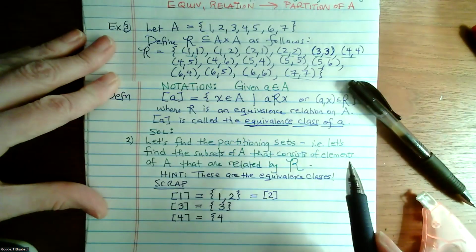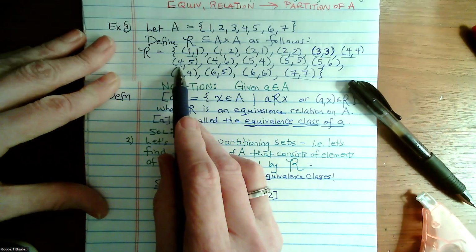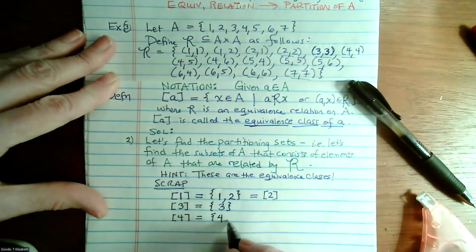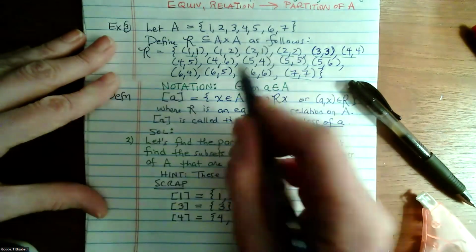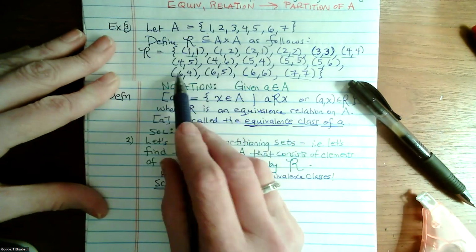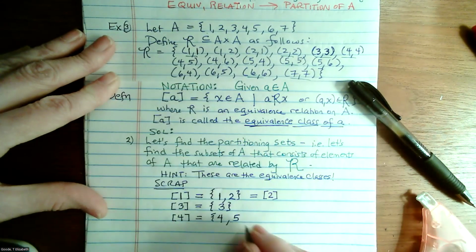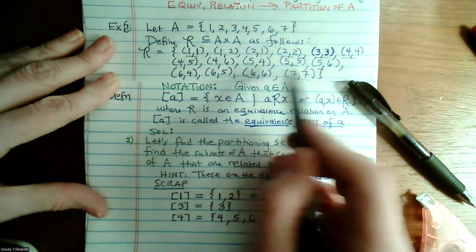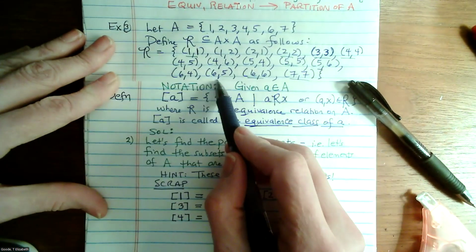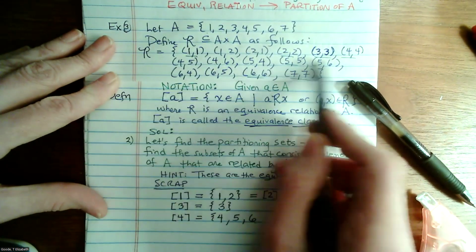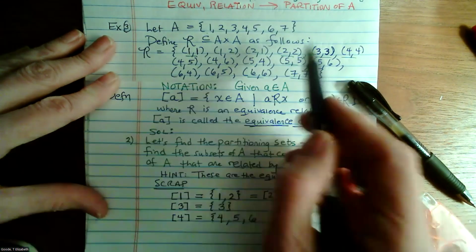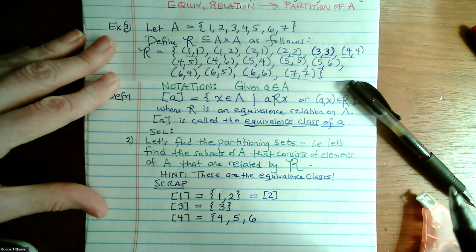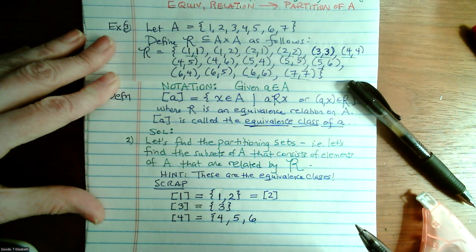Anything else? 5, 6, and 7. 5, because 4 is related to 5, and 5 is related to 4. 6, because 4 is related to 6, and 6 is related to 4. And of course, 5 is related to itself, and 6 is related to itself, and transitivity means 5, 6, and 6, 5 are going to be in there. They have to be because if they're all related to each other, we have to have all the different ordered pairs that involve those 3 elements. Anything else related to 4?